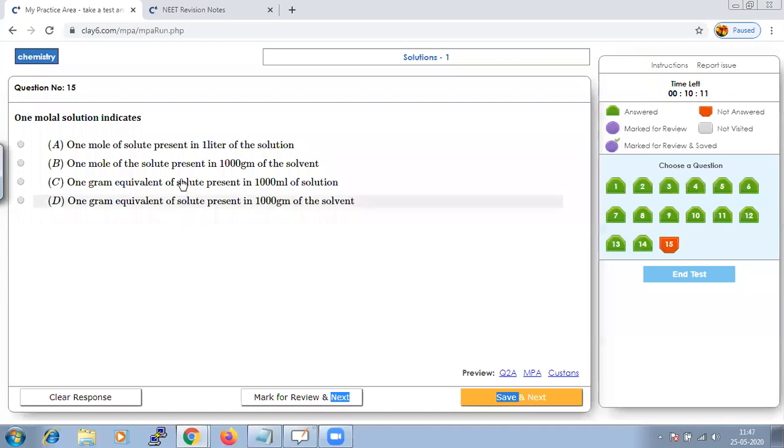So 1 mole of the solute is present in 1000 gram of the solvent. Hence we can say answer B is the right one. Let us save that and end the test, since we have completed all the questions.